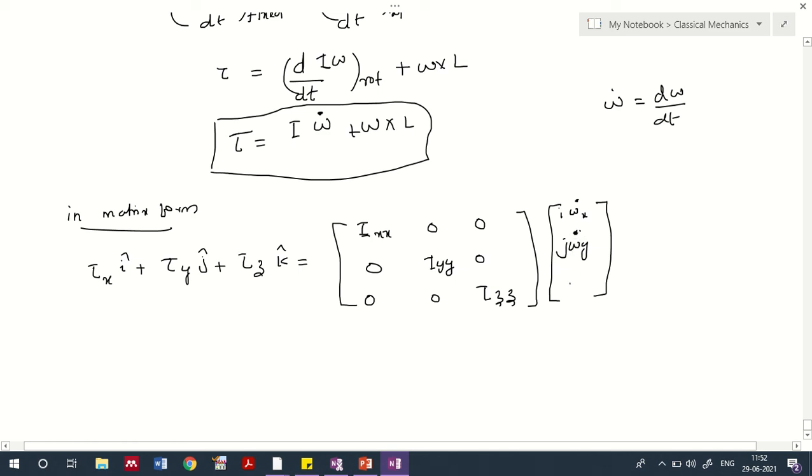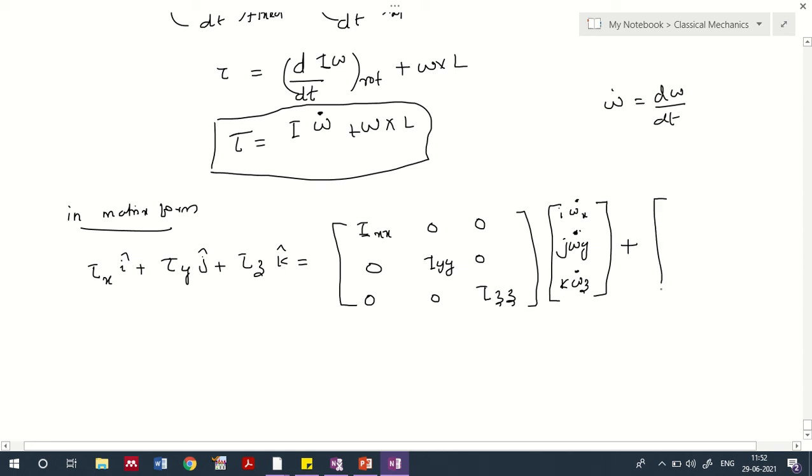Okay, j omega y dot, then we have k omega z dot, then plus we have omega cross L. Omega cross L means it's a cross product, right?